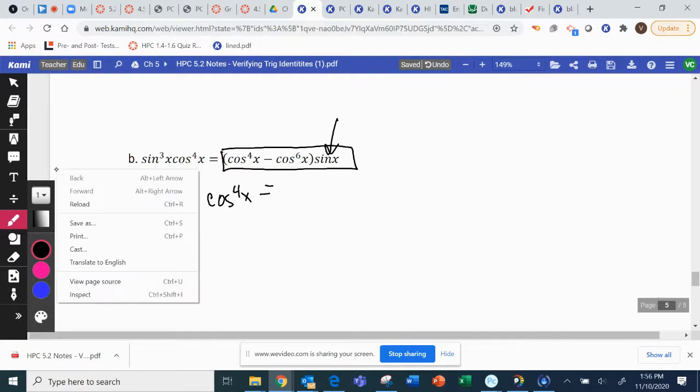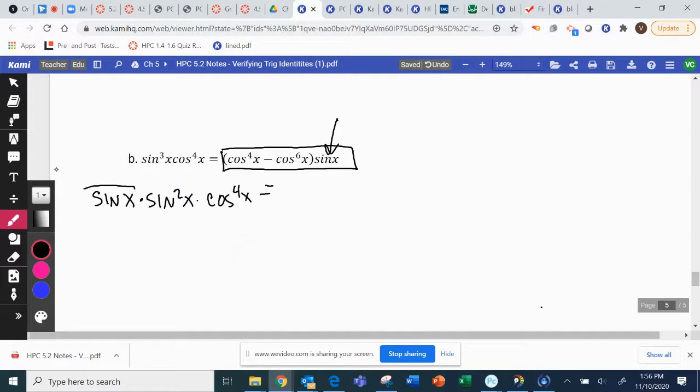I only want one sine, but I need more cosines. Can you help me get rid of the sine squared? Right, so sine x is still there.